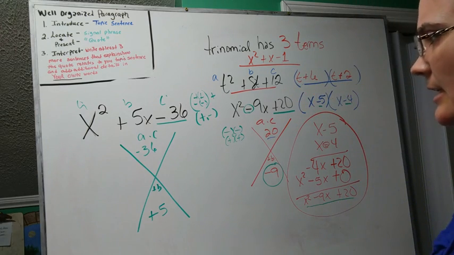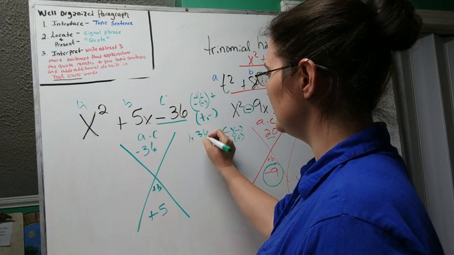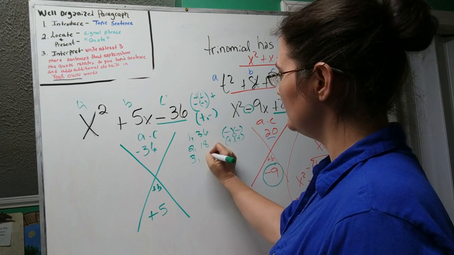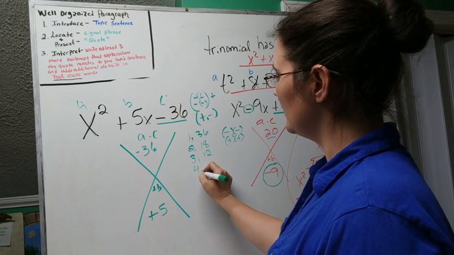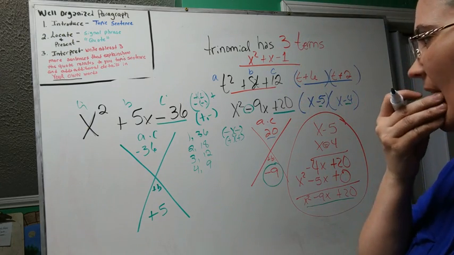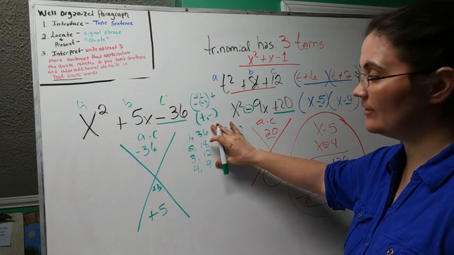So, if we look at this number, we're thinking, okay, what will make 36? 1 and 36, 2 and 18, 3 and 12, 4 and 9. So we're looking at these numbers and we're saying, okay, one of these numbers we know has to be a negative.